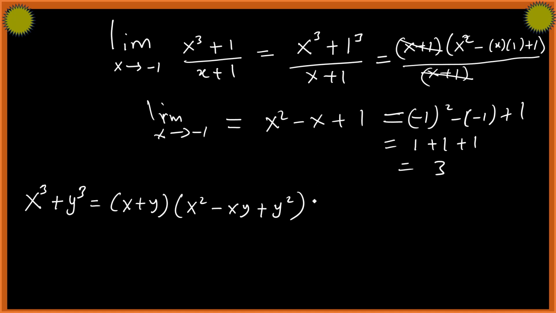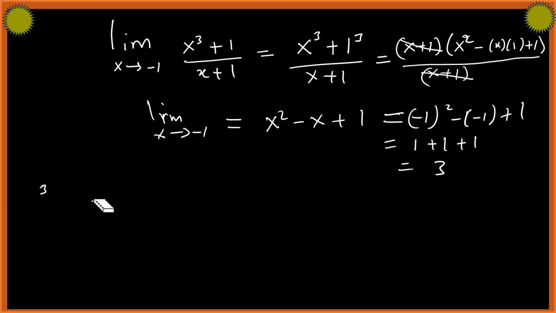Now let's use another method. You can choose to differentiate the numerator and put the result down, and do the same to the denominator. The answer will come. That's another alternative.